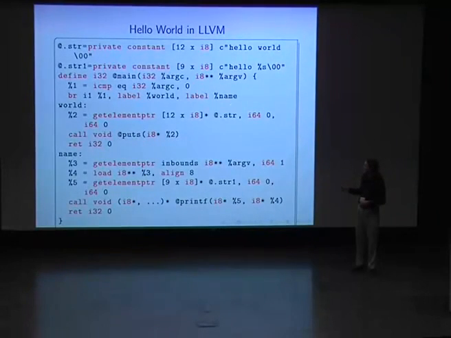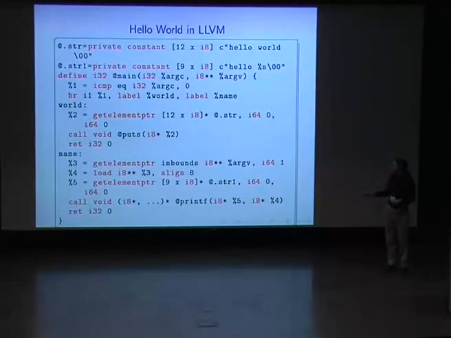If you go to the other version, then it does the same sort of thing, this time getting the address of the first element in this array, or actually the second element. The first one is the program name, and then it loads this.